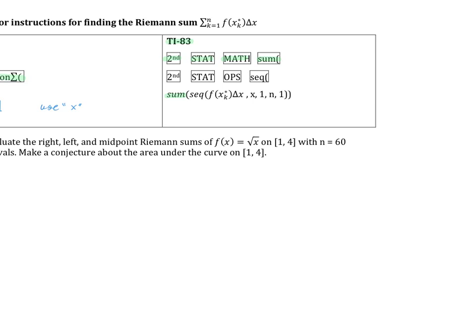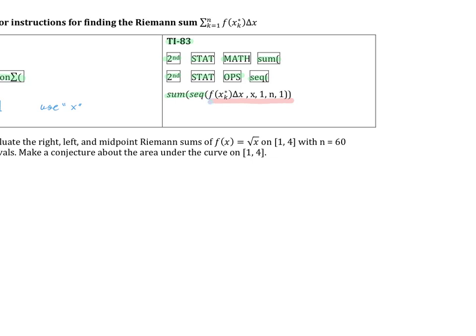And then you're going to go back in and do second stat ops for operation, and the operation is sequence. So this will show up. What you're going to have to do is enter all this stuff with the 2 parentheses to end the expression. So what is all this stuff?